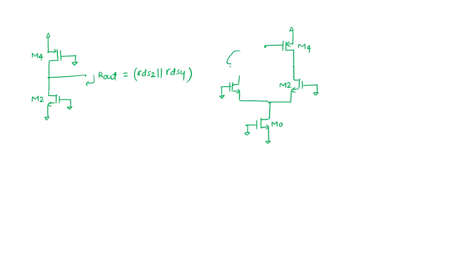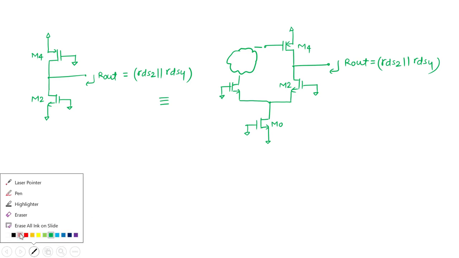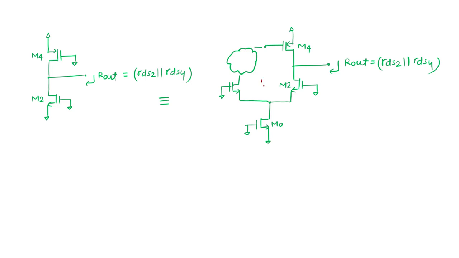And after that, on top, there is something we know as a mirroring. This particular structure and these two structures are not exactly looking the same, yet at the output the impedance looking here is RDS2 parallel RDS4. So this is the beauty of this analysis: even with this much complexity at the source of M2, we are getting the same output impedance.